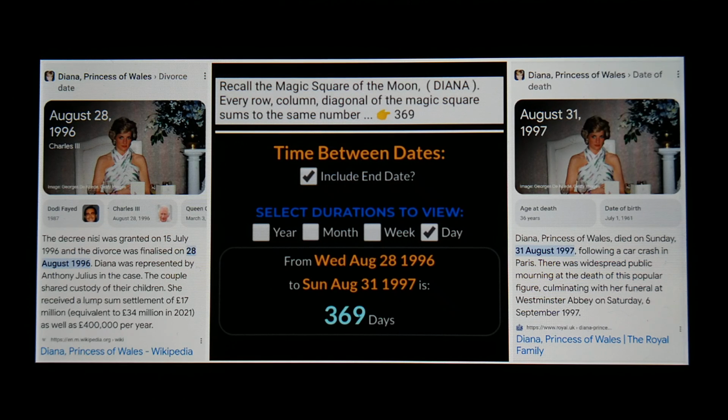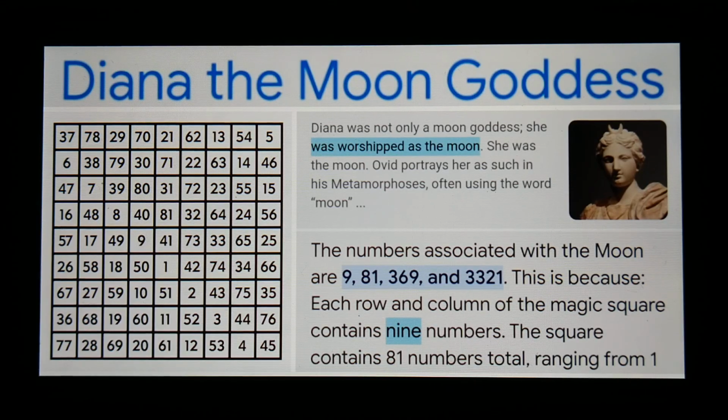August 28th, 1996, to her death on August 31st, 1997, was a span of 369 days. 369, a number associated with the moon, the magic square of the moon. Pick any row, any column, any diagonal, add them up. The total is 369.